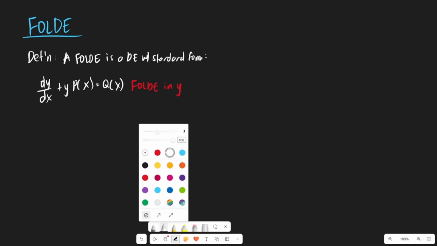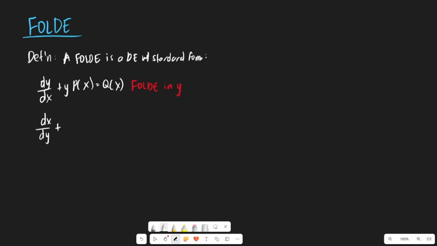Now we also have another form, dx dy plus x p of y is equal to q of y. The standard forms here are quite similar. The only difference is that the second one starts with dx as the numerator, dx dy, and whatever is in the numerator, that is x, you will also add as x right here, and the next ones are just in terms of y.